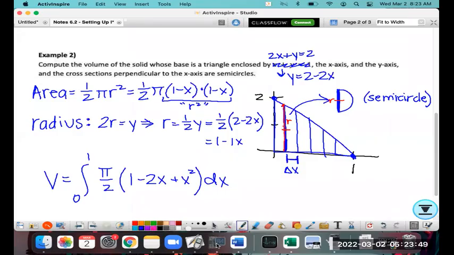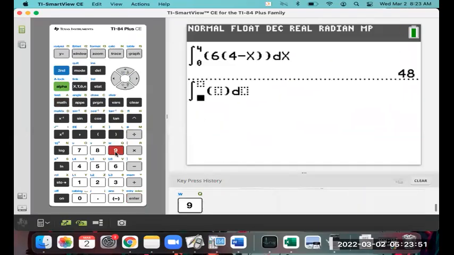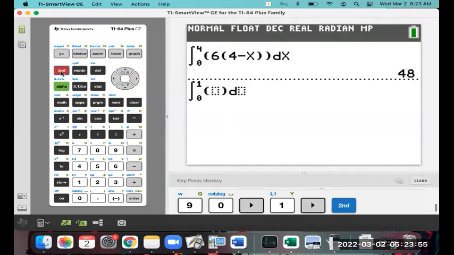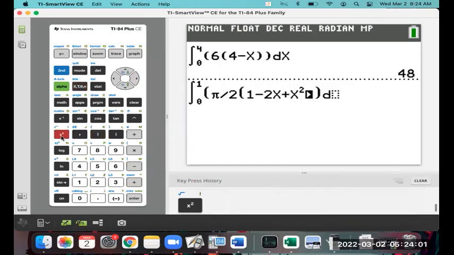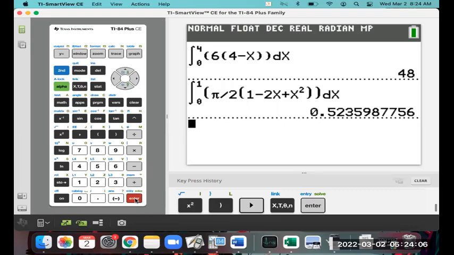We'll see what we get. All right, so I'll take that out to 3 decimals. It's 0.52. We'll round that up to a 4.